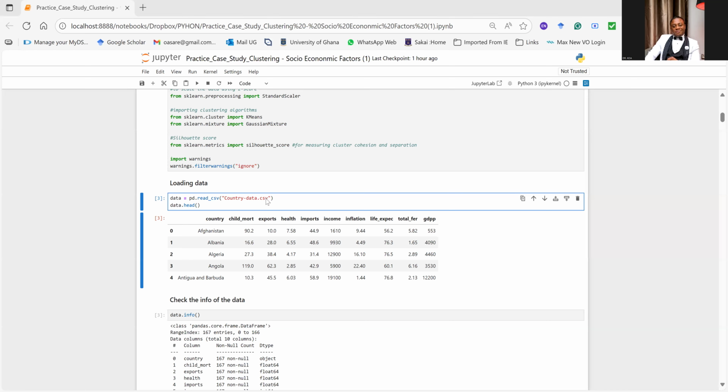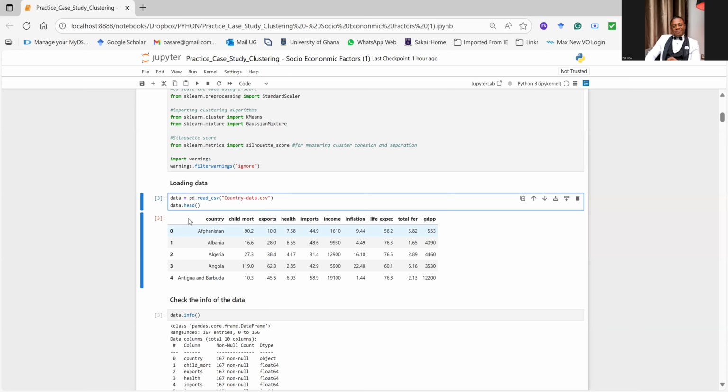Note the difference between a CSV file and an Excel file. If it was an Excel file, then you would have added what? .xlsx. But it's not an Excel file. It's rather a CSV file, so we'll take it as a CSV file.